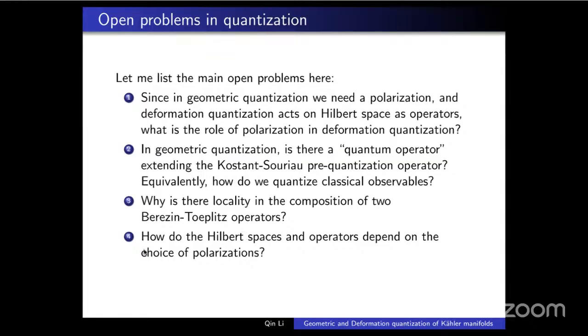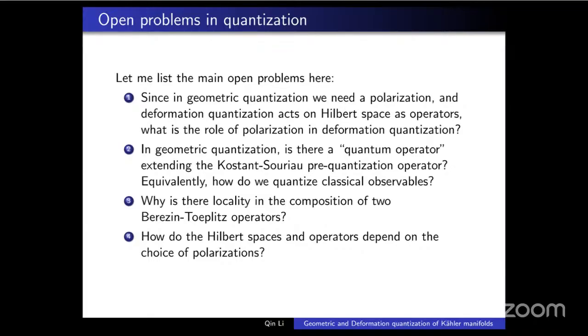And the fourth open question is, how do the Hilbert spaces and operators depend on the choice of polarization? The symplectic structure actually comes from the physical structure of the classical system. But in the quantization picture, we need an additional mathematical structure known as the polarization.